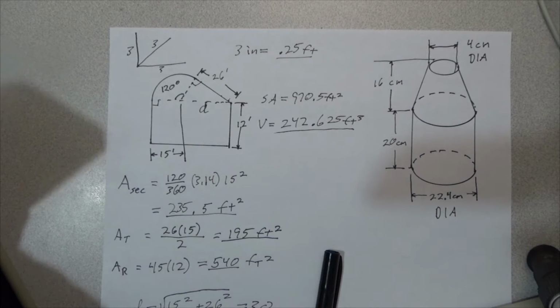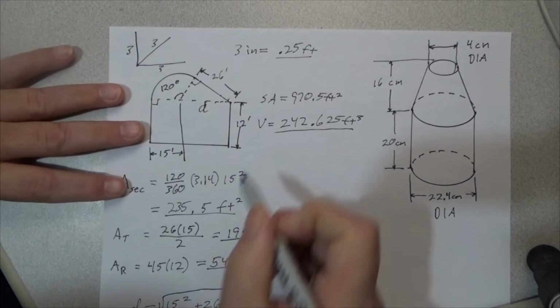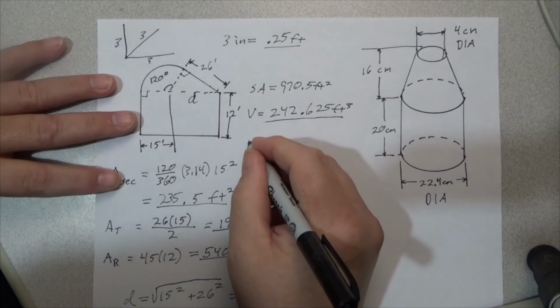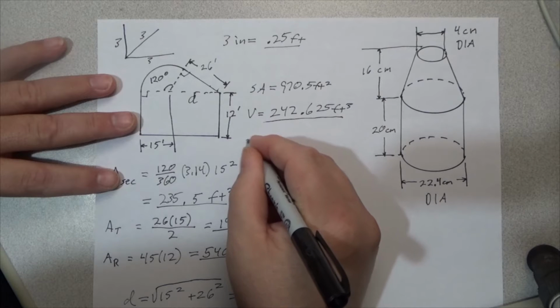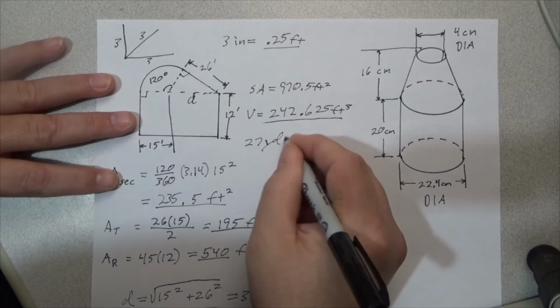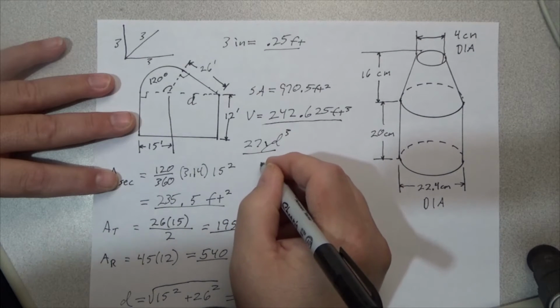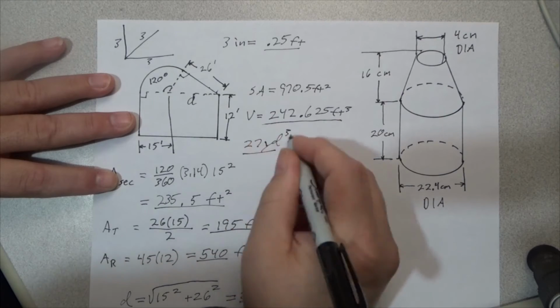So 3 cubed is equal to 27. Oop, I did that wrong, didn't I?